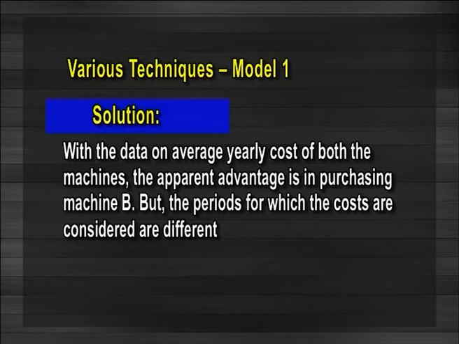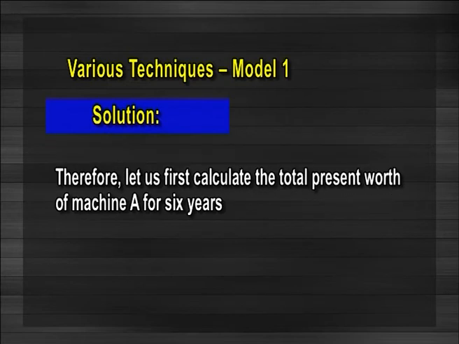With the data on average yearly cost of both the machines, the apparent advantage is in purchasing machine B, but the periods for which the costs are considered are different. Therefore, let us first calculate the total present worth of machine A for 6 years.